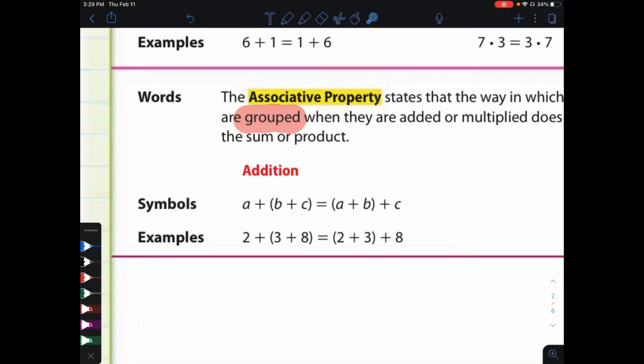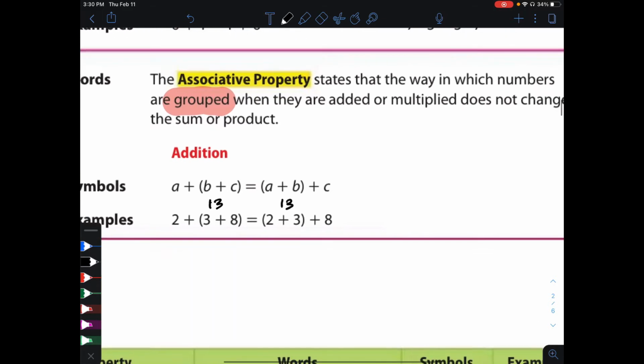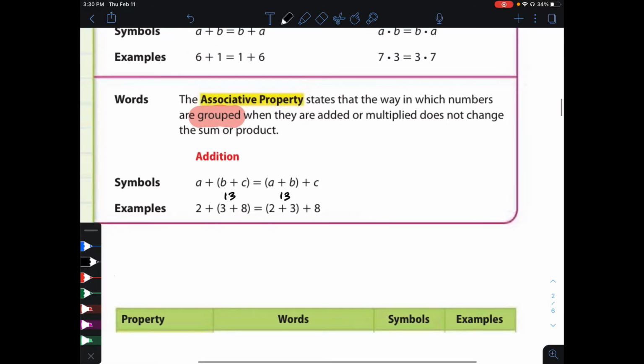If we do our order of operations, 3 plus 8 is 11, plus 2 is 13. Again, we do what's inside the parentheses first. 2 plus 3 is 5, plus 8 is 13. Now, if you notice, the sum is the same. They're both 13.